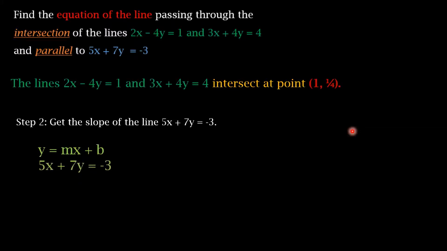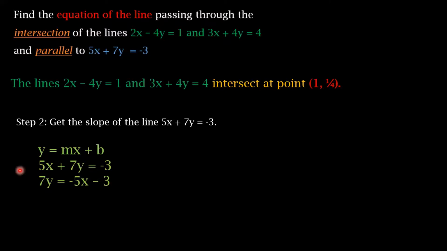So for this equation, we would need to transpose the other variables to the right side, and leave the variable y on the left side. In this case, we would subtract 5x from both sides, and we can come up with 7y is equal to -5x minus 3.